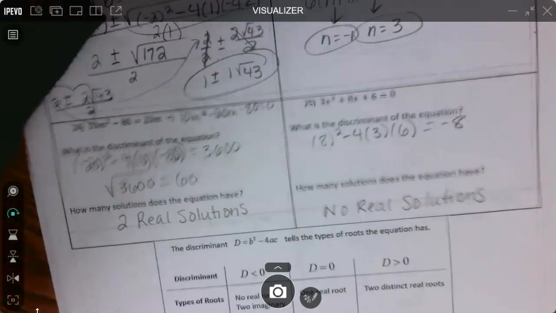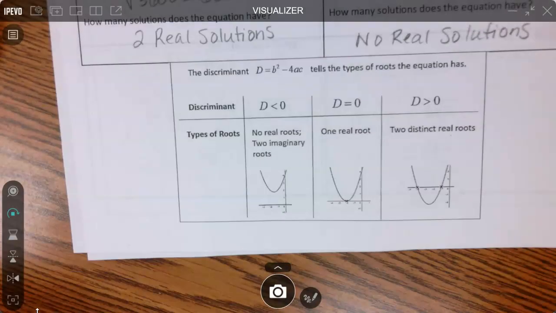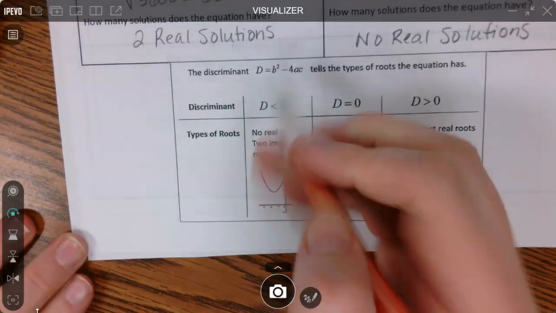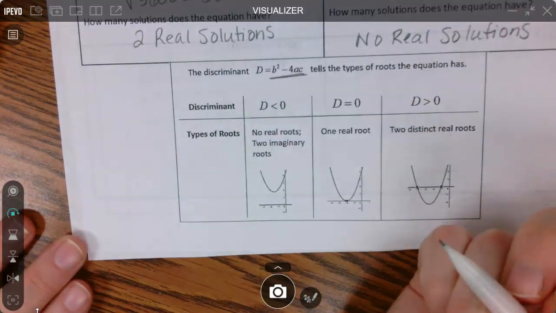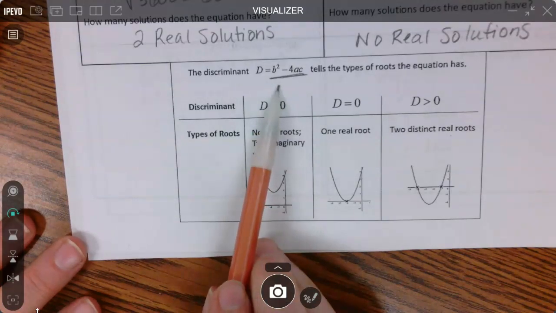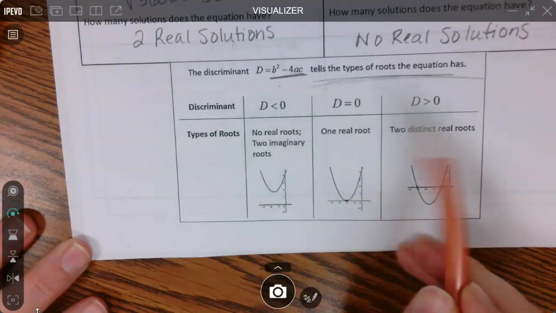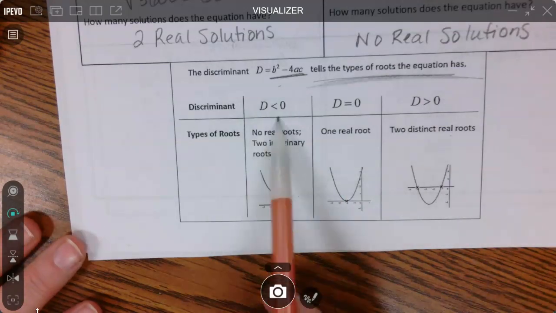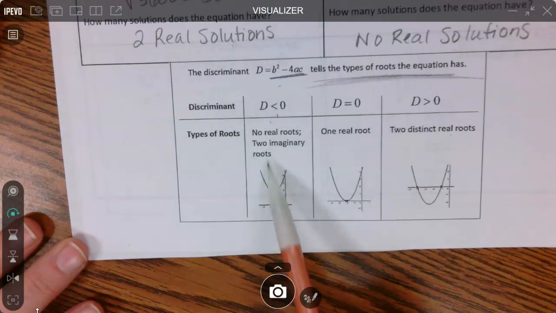Okay, so what this bottom part is telling us is about the discriminant. The discriminant is just the part underneath the radical. It does not include the radical. It's just b squared minus 4ac. It tells the types of roots or solutions your equation has. If the discriminant is less than 0, meaning it's negative, then there are no real roots.